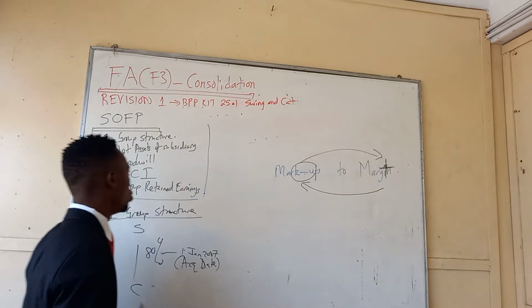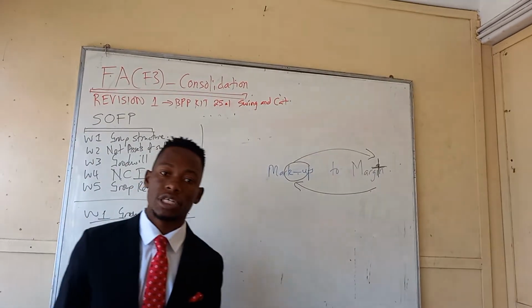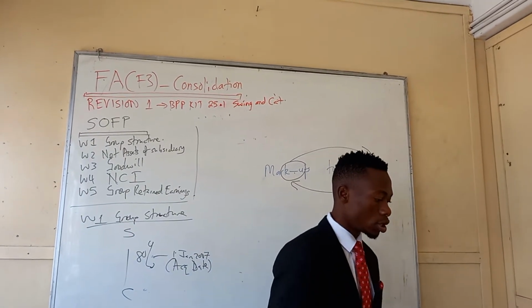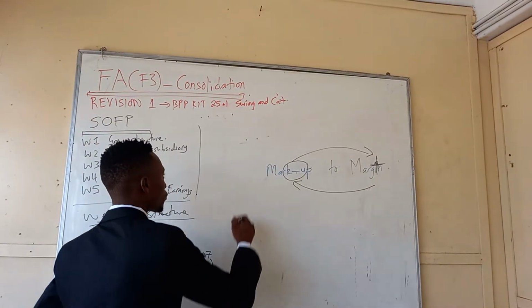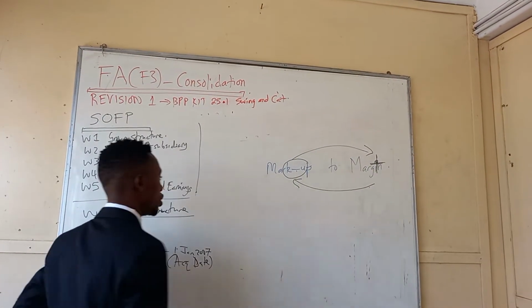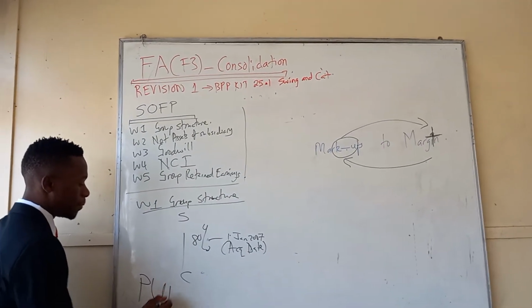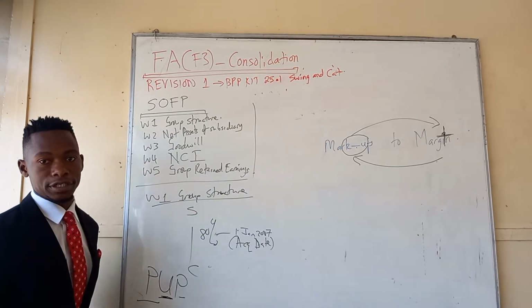So before I do working 2, I need to know the profit that was made by the one who sold the goods. They are telling us Swing sold goods which cost 80,000 at an invoice of 100,000. So now they sold goods to each other. Allow me to calculate the PUP. What is PUP? This is the provision for unrealized profit.